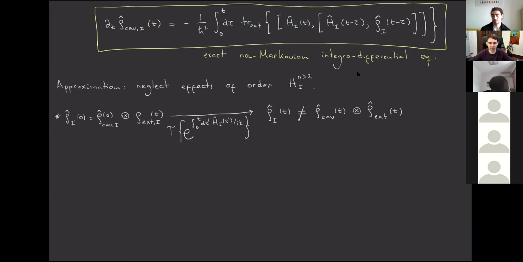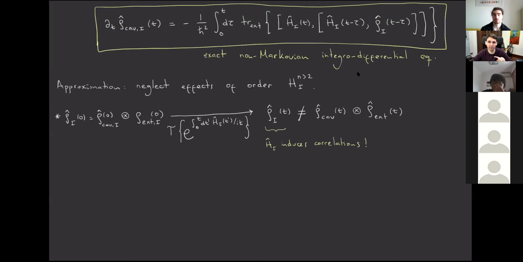We cannot write it like this. We will generate some correlations between them, but the point is that these correlations, so anything that deviates from this kind of state, will be at least of order interaction Hamiltonian, okay? And in particular, what I am saying is that H, the interaction Hamiltonian, induces correlations, but these correlations are at least of order Hamiltonian.